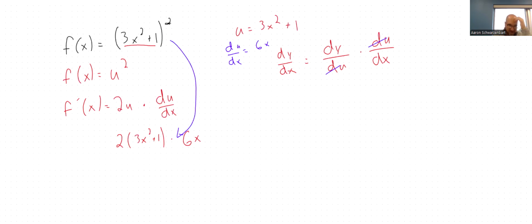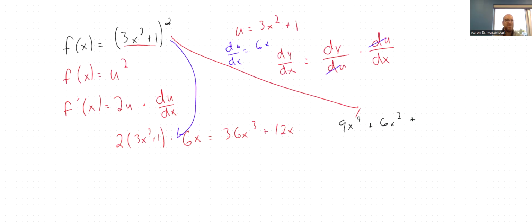If I actually multiply this out, I get 36x cubed plus 12x. If I did this the old-fashioned way where I expand it out first, I get 9x to the fourth plus 6x squared plus 1.